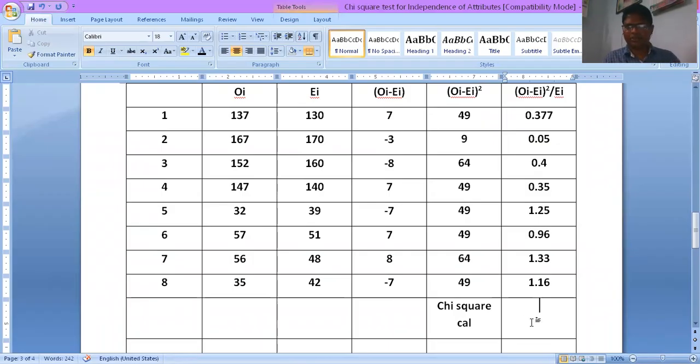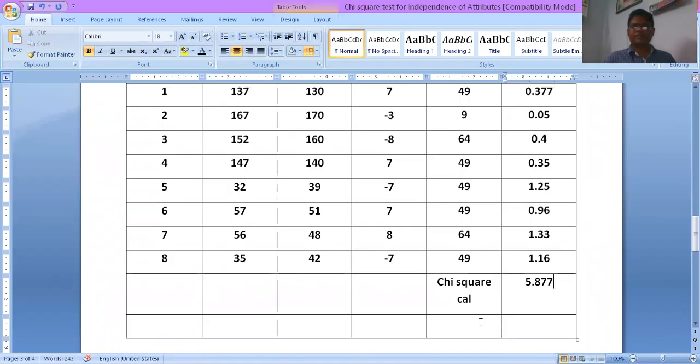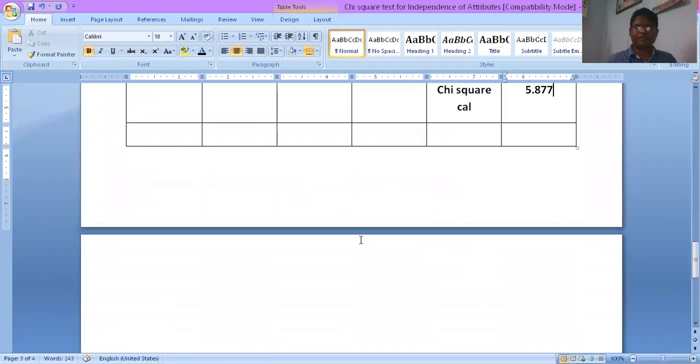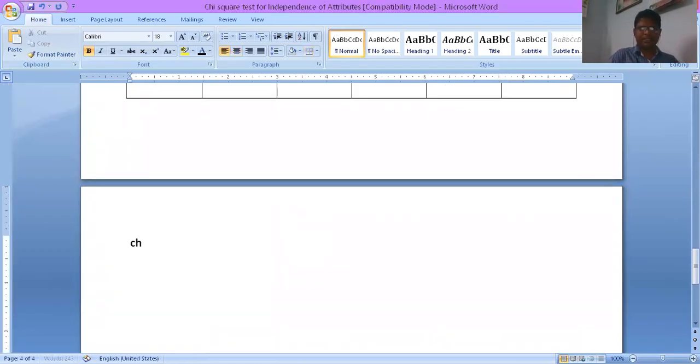So the final value is 5.877. So chi-square calculated value is 5.877.